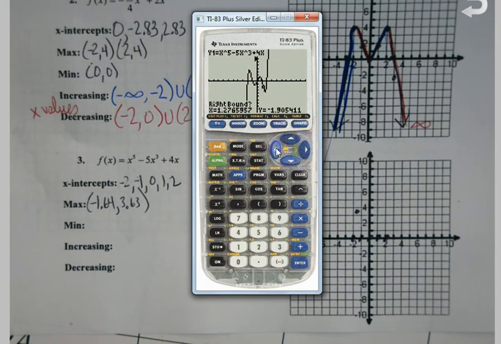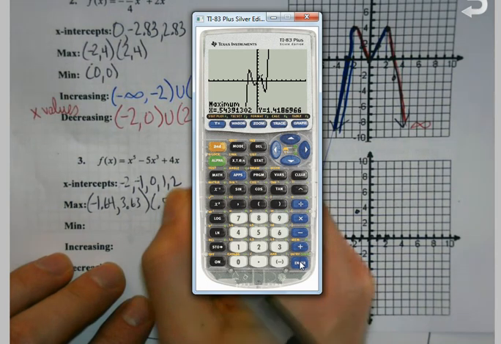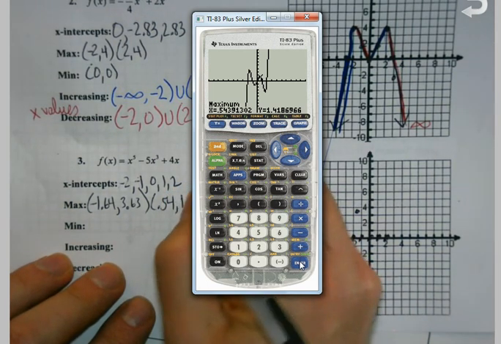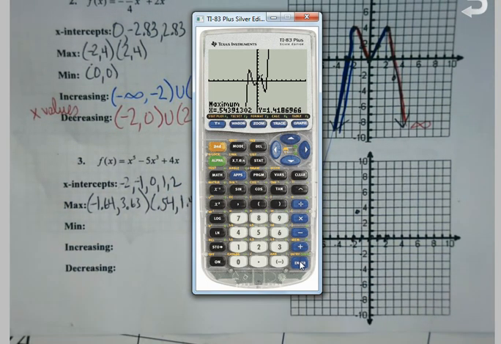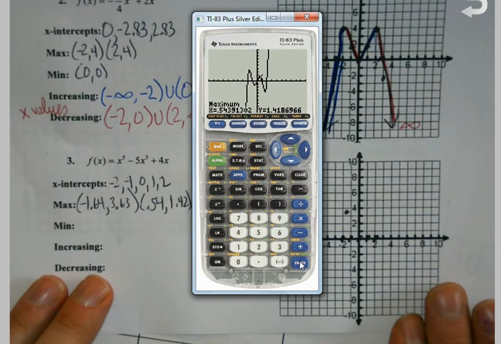Anywhere in this area that I'm going back and forth in is fine. You could pick any of those and it'll work. But on that second one, you hit enter once for the bound and once for the guess. So I've got 0.54, 1.42. Oops, move the calculator. Let me move this. There we go.